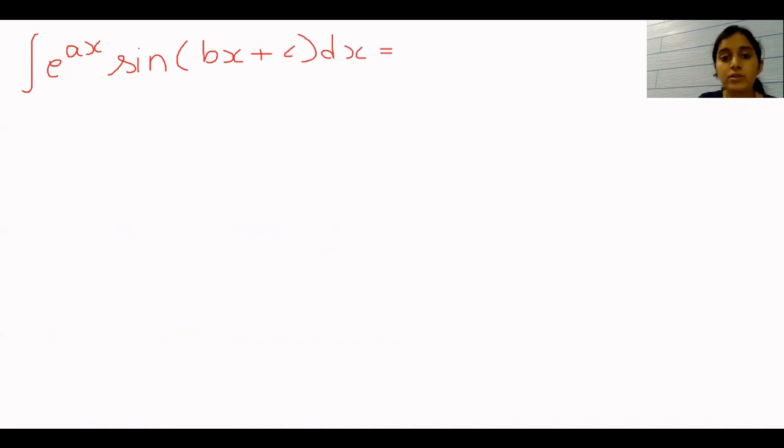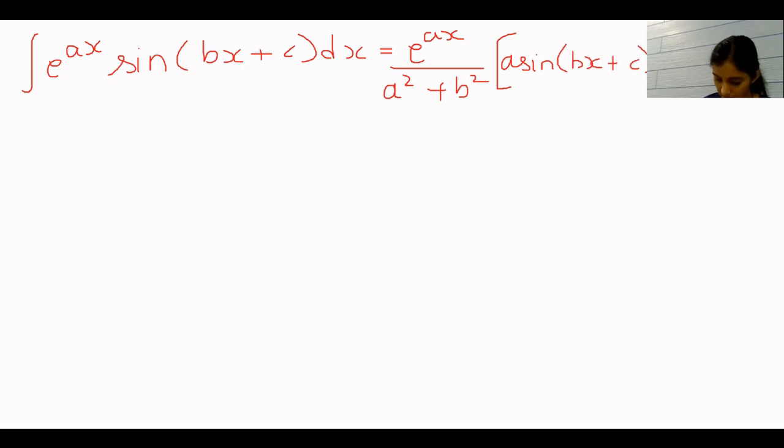We have to prove this is equal to e raised to ax upon a squared plus b squared, bracket a sine bx plus c minus b cos bx plus c, plus c constant. So that is always going to come in an integral.